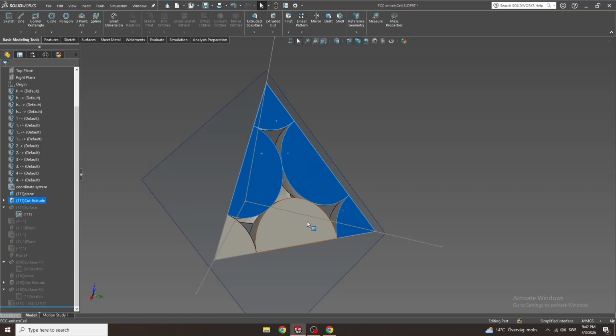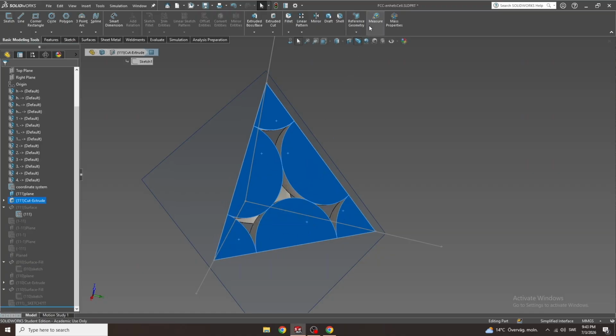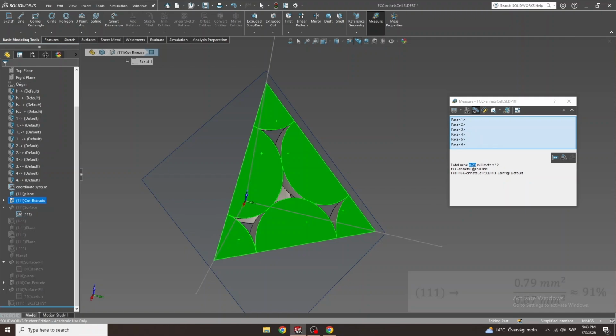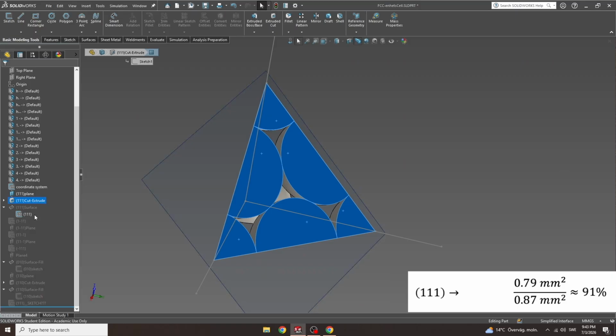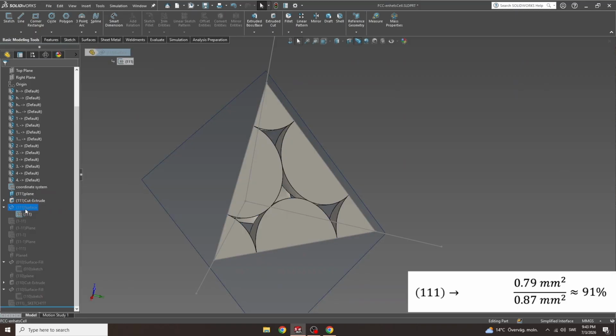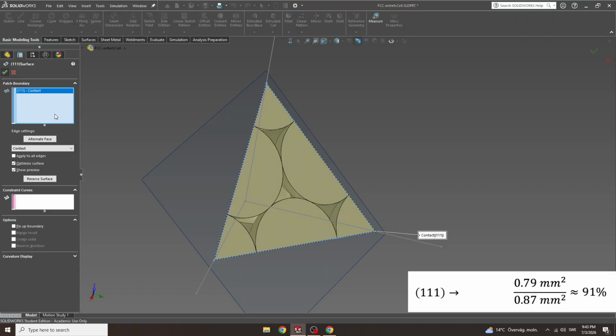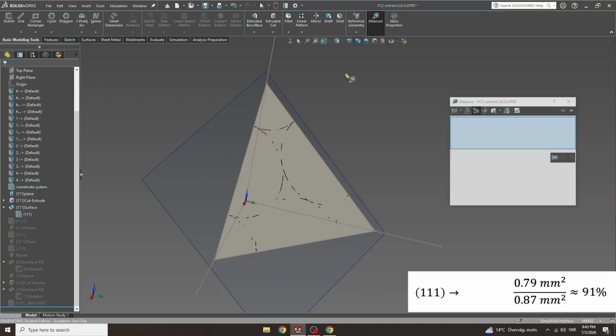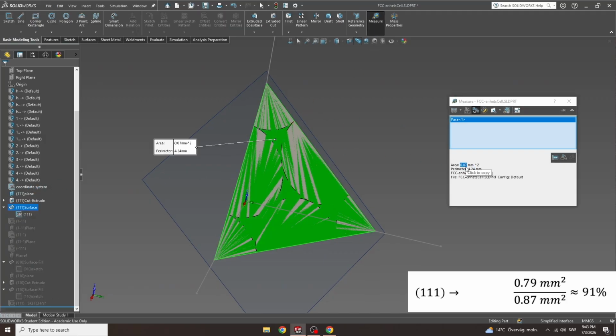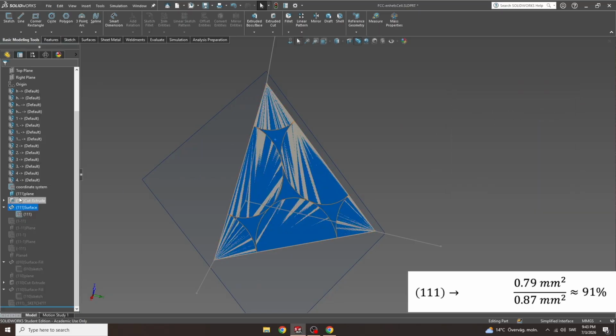If you look at the area occupied by these atoms, this is 0.79 millimeters squared, and this triangular space here has the area of 0.87. So if you divide the atoms by the whole area, you get 91% planar density.